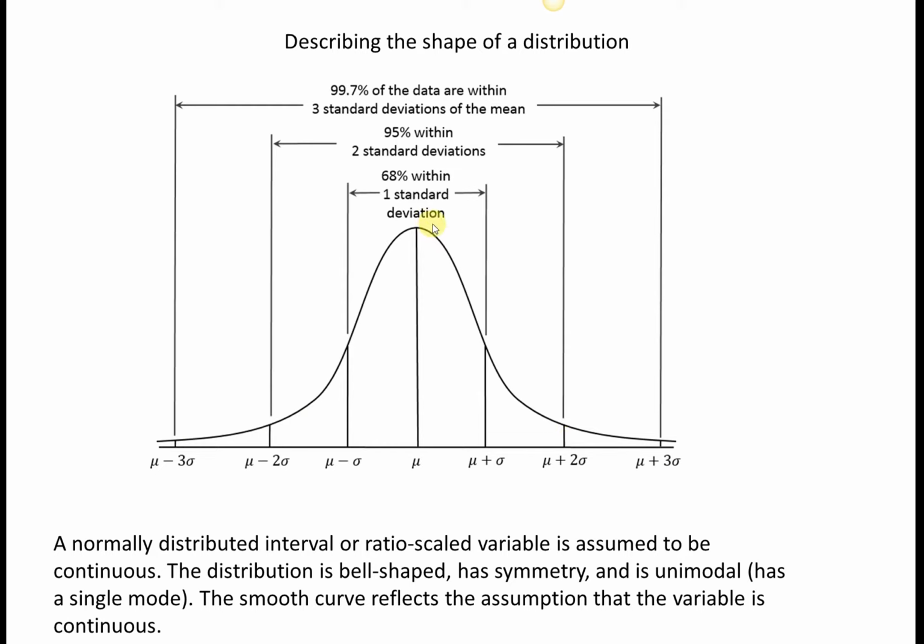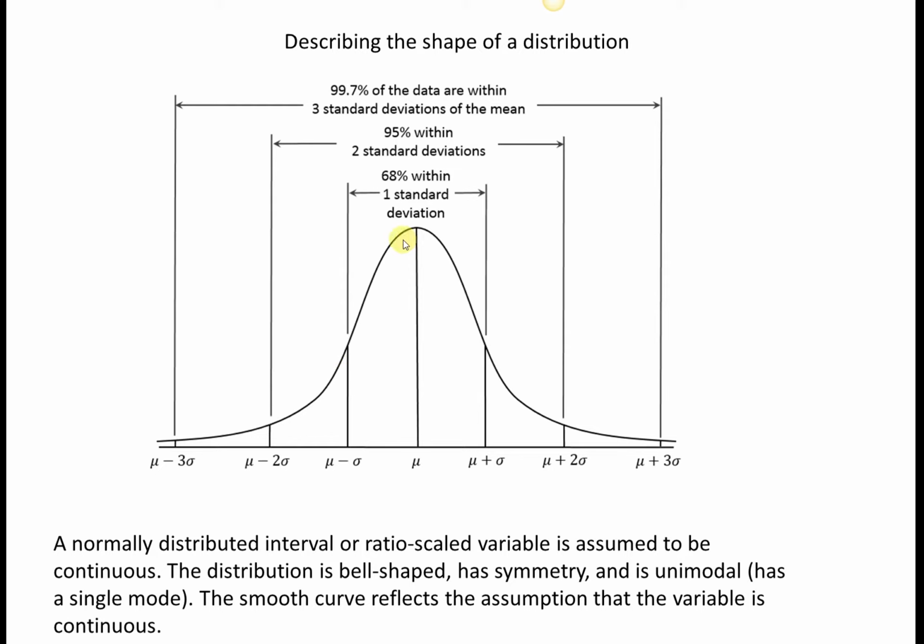The symmetry is capturing the fact that as we move out from the center of the distribution at points that are equidistant to each other, the area that falls between, say, the center of the distribution and that point is the same on both sides of the midpoint of the distribution.